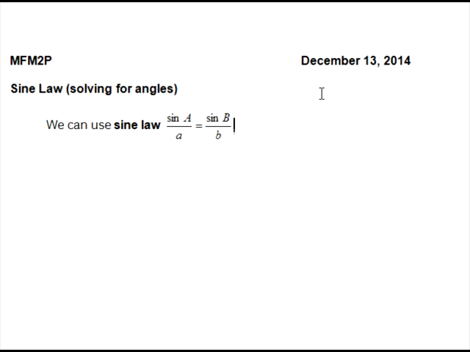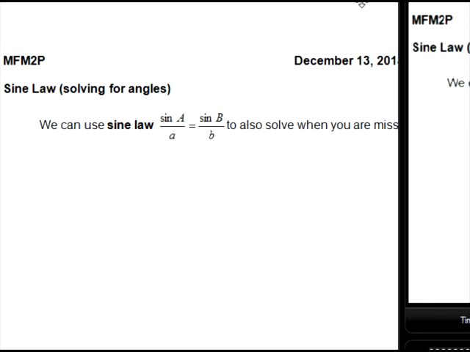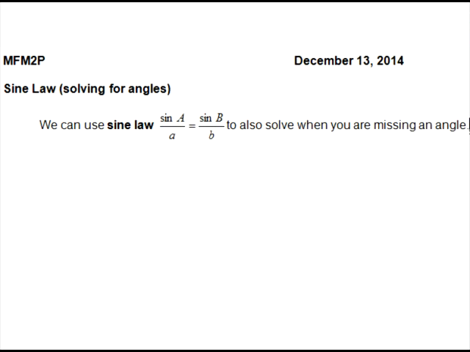Okay, so we're going to say we can use sine law to also solve when you are missing an angle. I will tell you when to use sine law, when to use cosine law in this course.